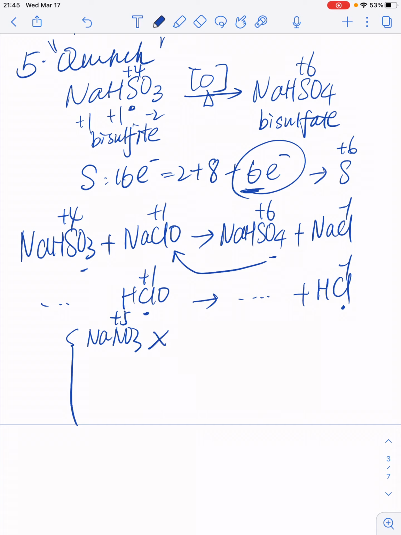Nope, it can't, because it's not a reducing reagent. How about sodium chloride? Can it be oxidized? Nope. How about sodium bisulfate? That's a product, right? Of course, it cannot be further oxidized. How about sodium sulfate?